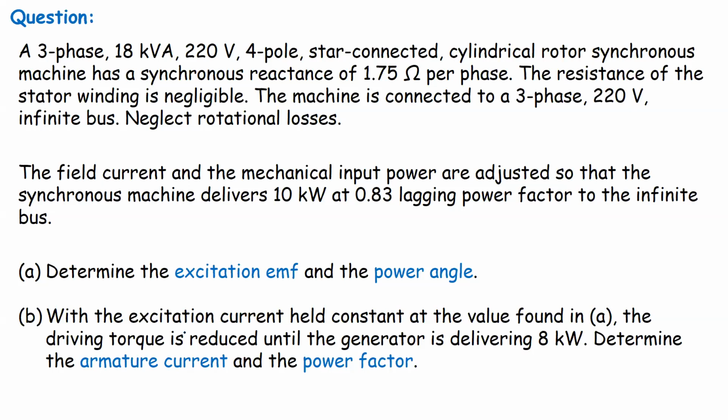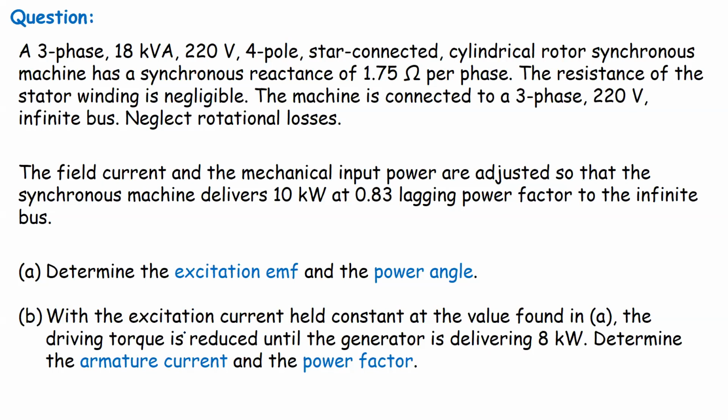The procedure we followed is we solved for the load current, which is the armature current phasor, using the power specified in the problem as well as the power factor value specified in the problem.